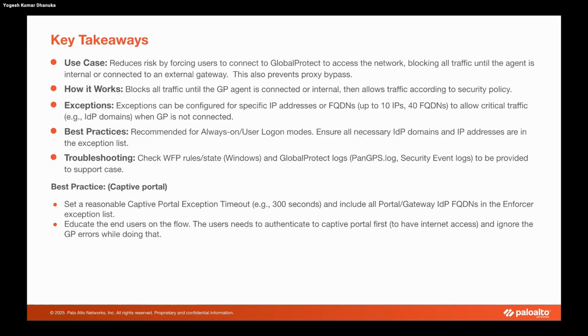We discussed how the enforcer works, how the pan GPS service is used to block the traffic until the GP is connected, and then there are exceptions that you can configure. And for troubleshooting, we need pan GPS, the GP client logs, but in dump mode, and we need WFP rules on Windows.